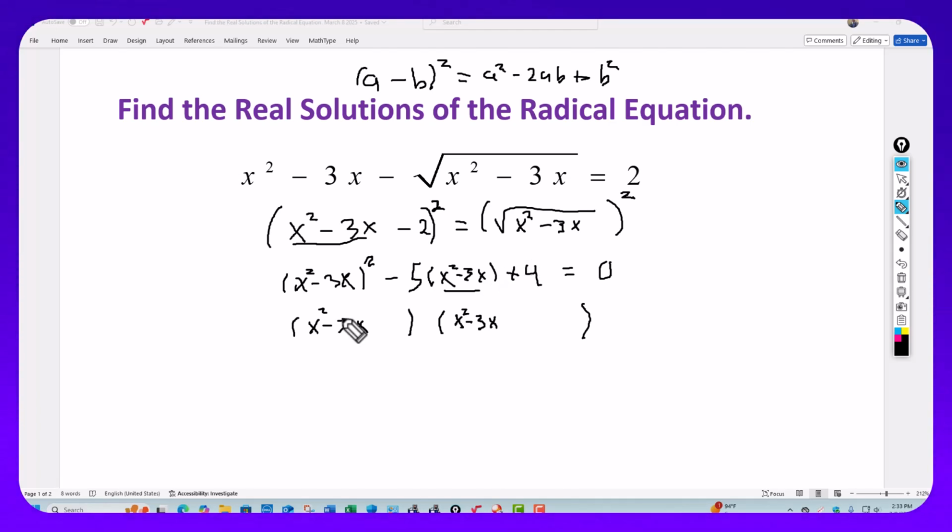And for the 4 here, I can factor that into 4 and 1. So this would be a minus 1 here and a minus 4 here. On the right side, I still have 0.